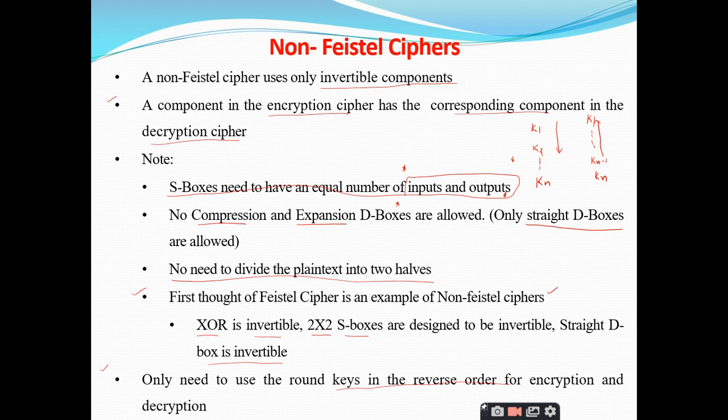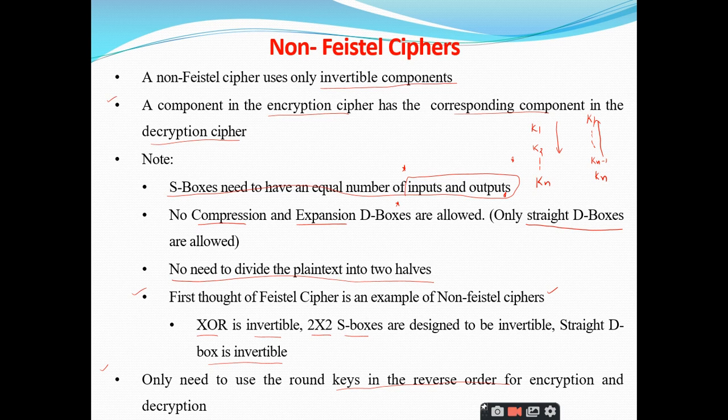So that's all for today's session. In today's session we have seen what a product cipher is. A product cipher is nothing but a combination of a number of S boxes, P boxes and other components. And we have seen the concept of diffusion and confusion. Diffusion is a property that hides the relationship between the plain text and the cipher text, so a one-bit change in the plain text will change many cipher bits.